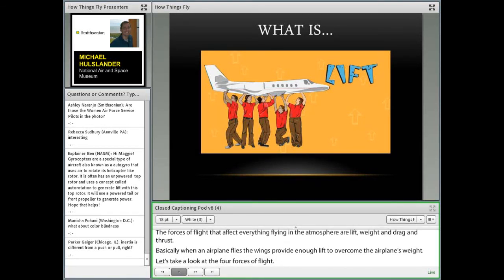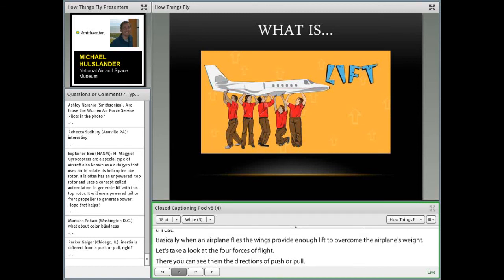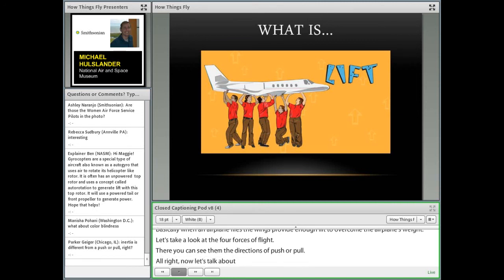Now let's talk about one of the four forces, that is lift. What is lift? Lift is the force that acts at a right angle to the direction of the motion through the air. Lift is created by a difference in air pressure for aircraft.